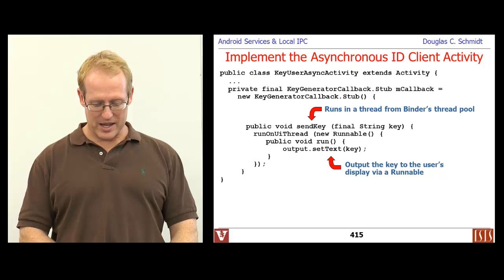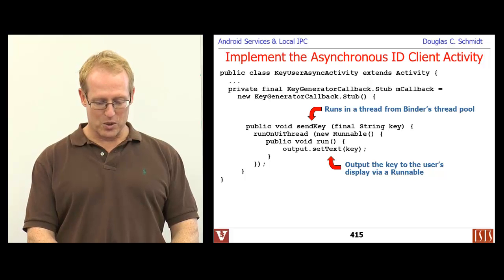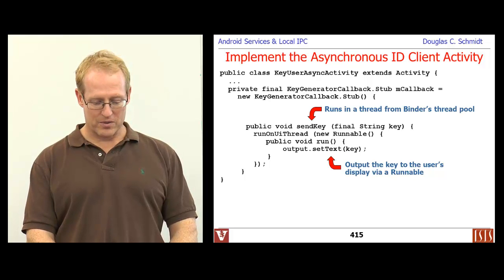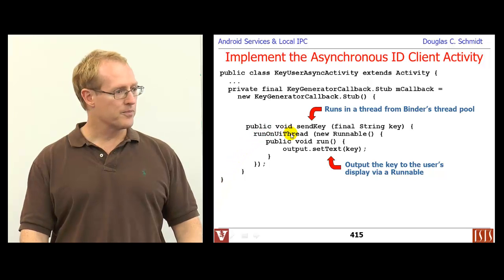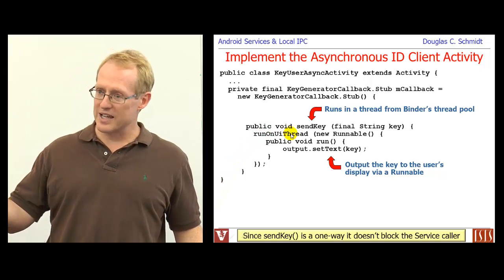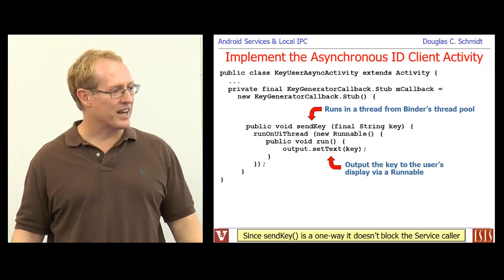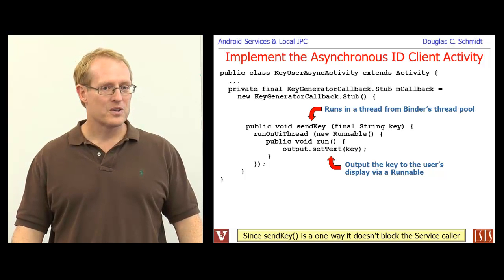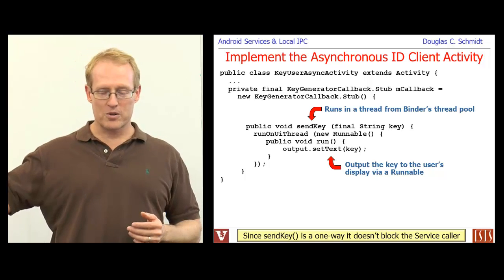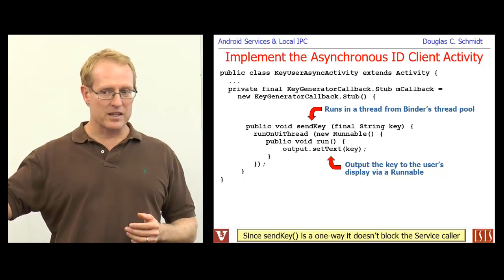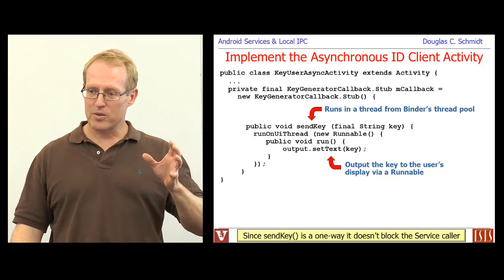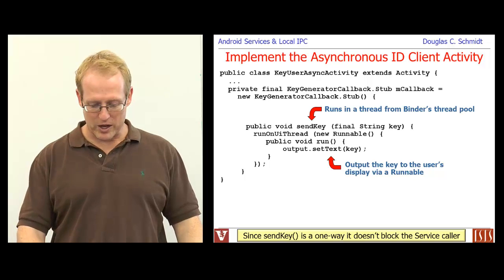So you can see it goes ahead and sticks this thing onto the UI thread by this method called run on UI thread. And since send key is a one-way, it doesn't block the caller. So the server thread is released immediately once it does send key. The client thread is done, so everything is much more asynchronous.